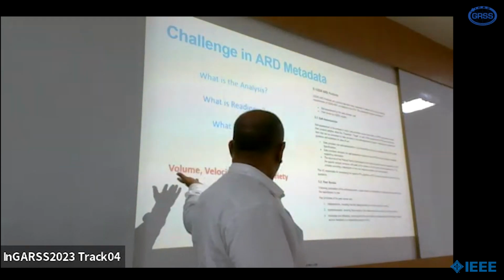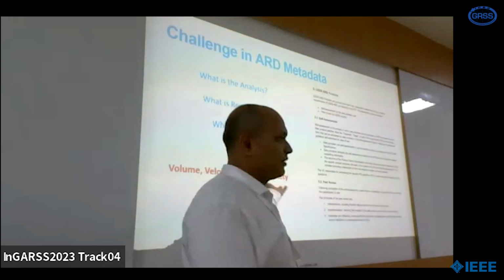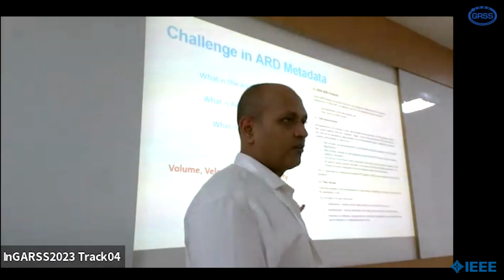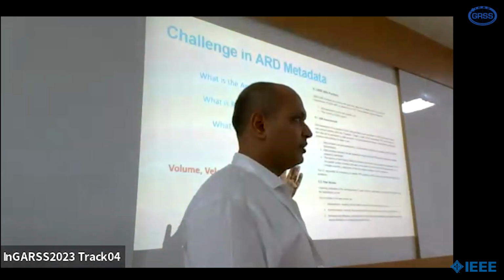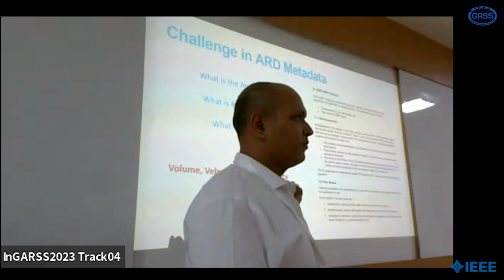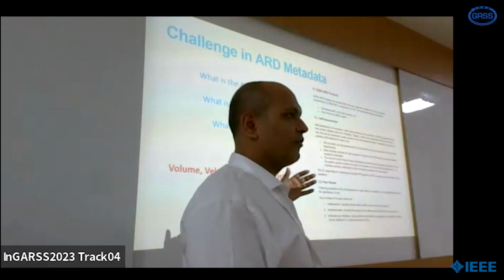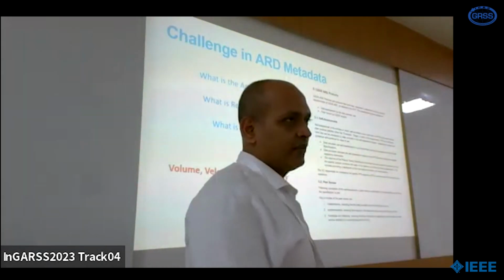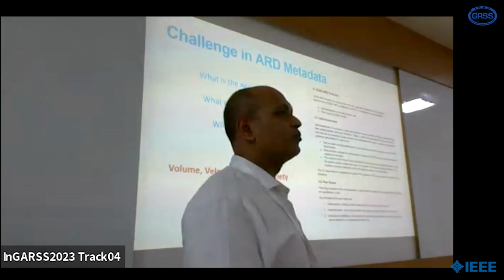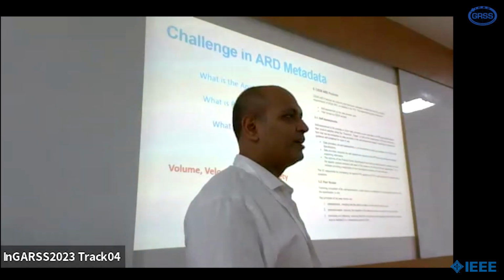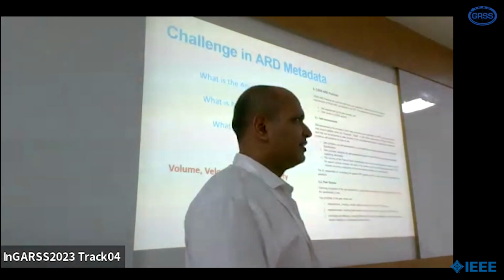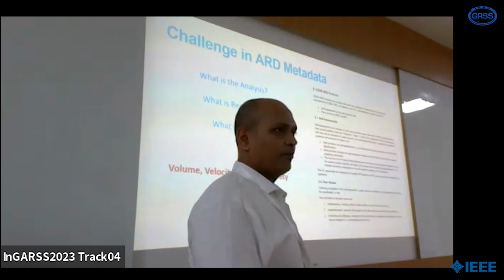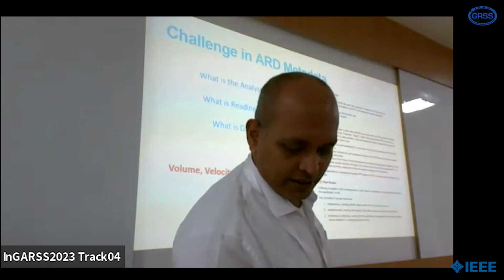Again, it also boils down to the volume, velocity, veracity, and variety questions related to data. If I have some ARD which is high volume, low velocity, I think I can put in much more metadata. The moment it is high velocity, it becomes a problem. So those things are there.